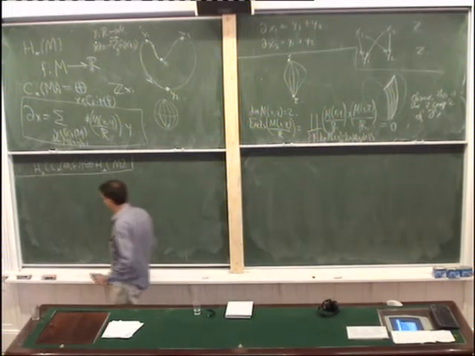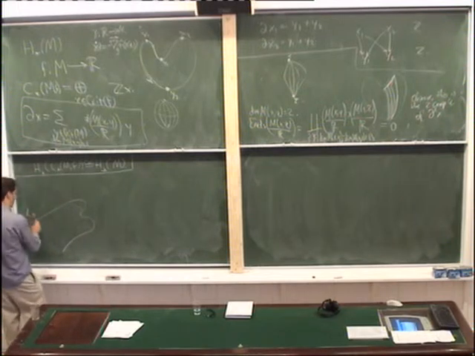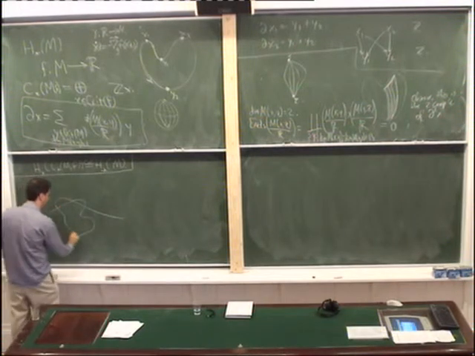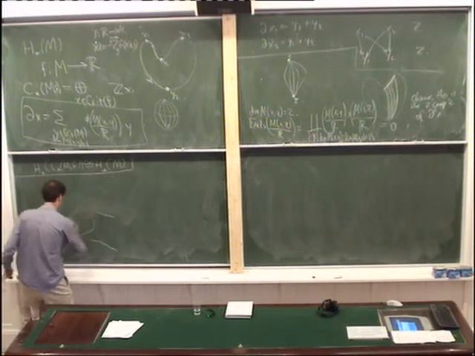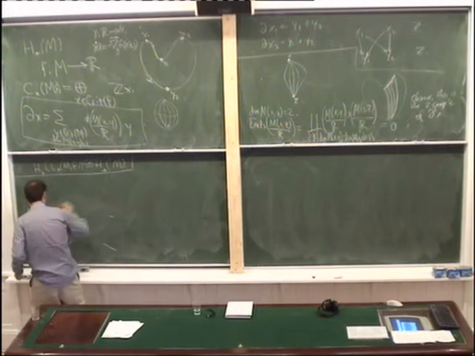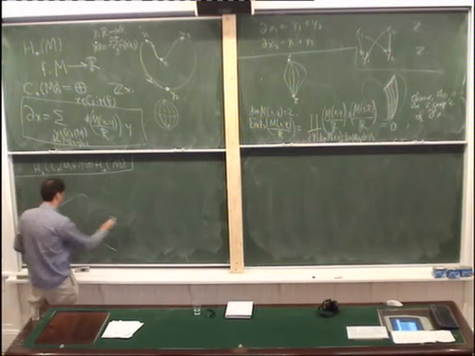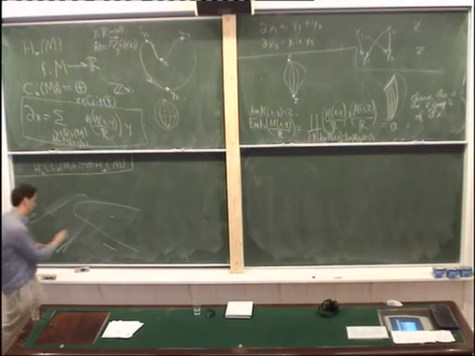Let's suppose that we have a pair of curves in the plane, L0 and L1. Here's L naught, and here's L1, let's say.